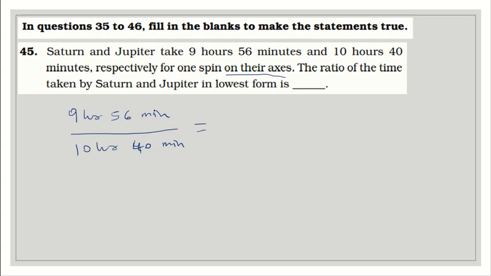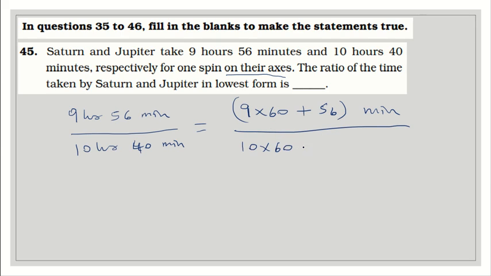Now these hours have to be converted into minutes. So both together will have hours and minutes. Here for 9 hours, 9 into 60 minutes will be there, plus 56 minutes, which completely converts the whole thing into minutes. And 10 hours into 60 minutes, plus 40, put together gives you the total in minutes.